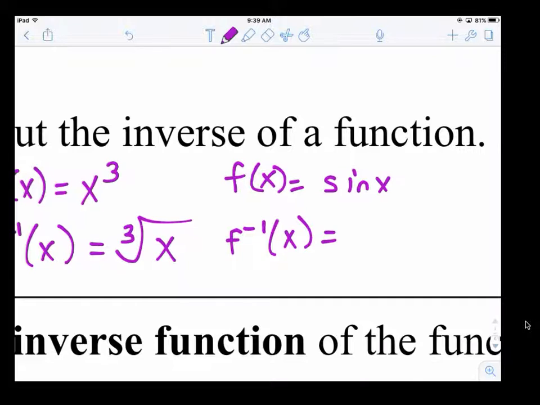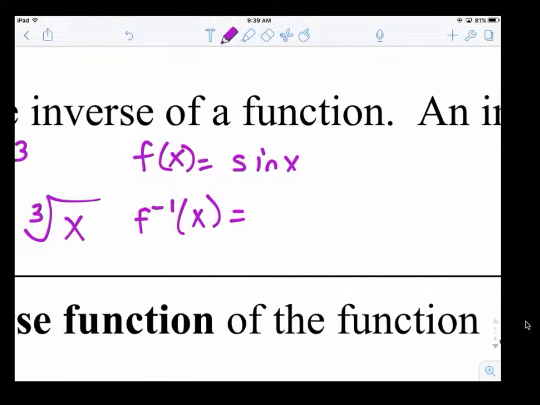You guys probably didn't do a lot of it. All right, so arc sine, or sine to the -1. These mean the exact same thing.